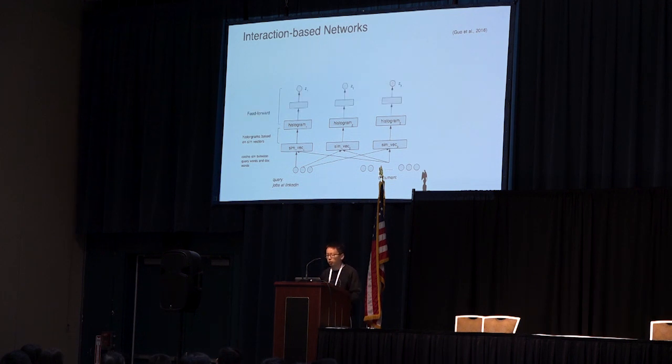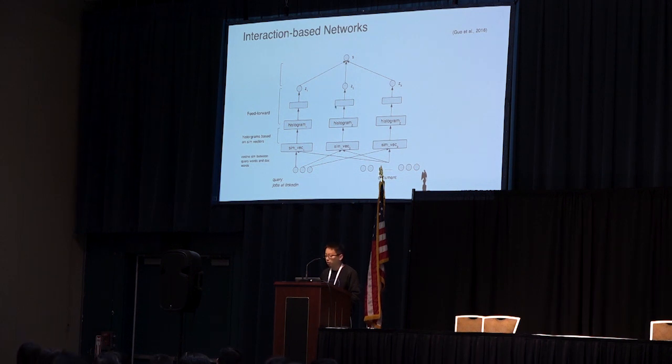And based on that, you can compute the score Z1 for the first word, Z2 for the second word. So the Z here means how relevant the document is to the specific word. To compute the score for the whole document, you can simply do a sum over the words.